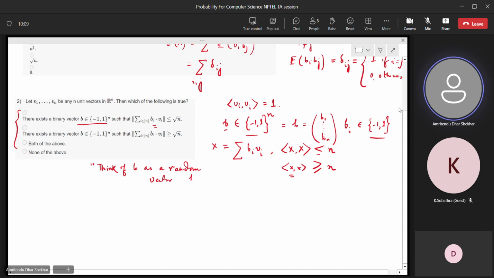So B is this collection where each of these coordinates is independently chosen. So each of these Bi's is uniformly distributed on {-1, 1}, and they are IID. Okay.